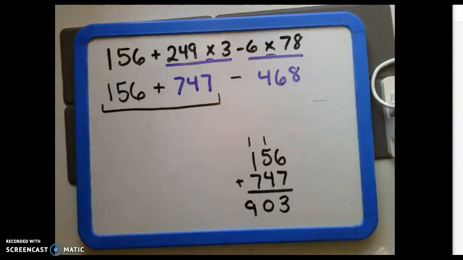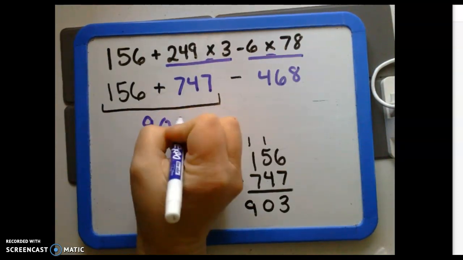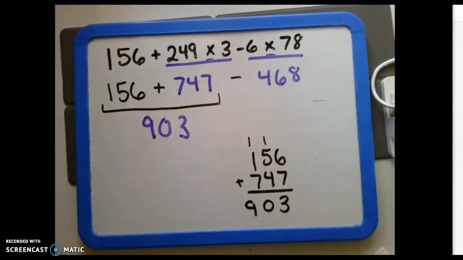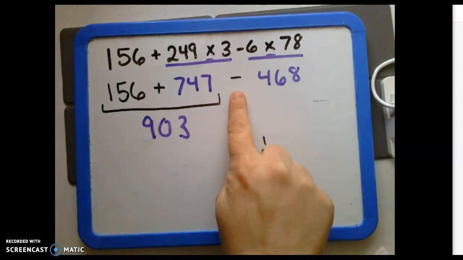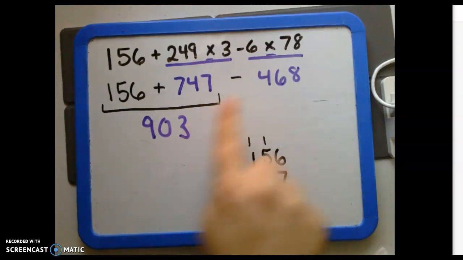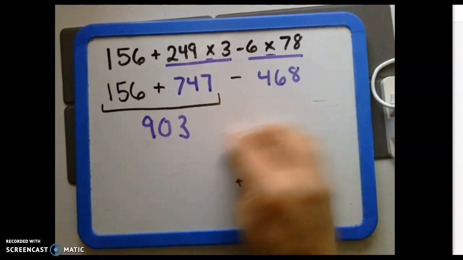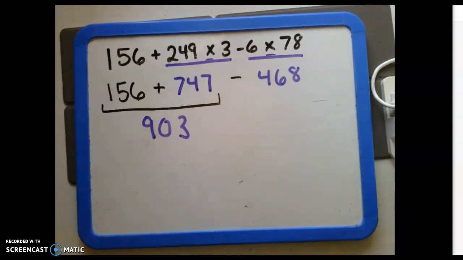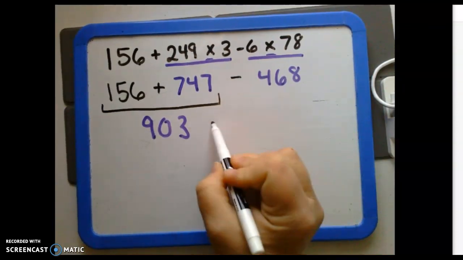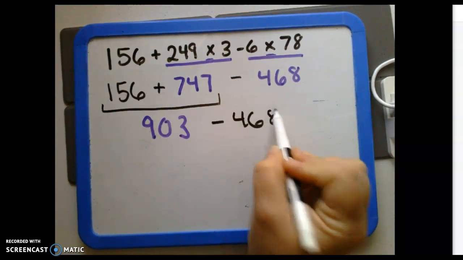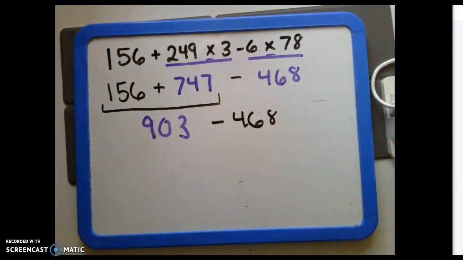All right, so the answer here to this part of my equation was 903. Now I'm going to subtract this from this. So 903 minus 468.